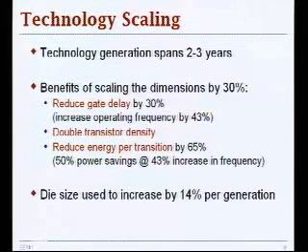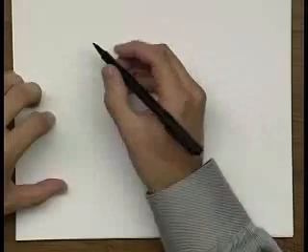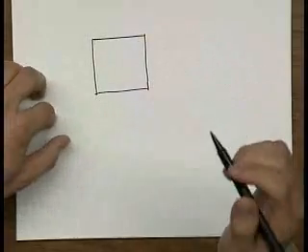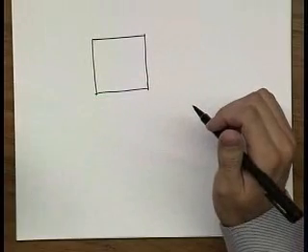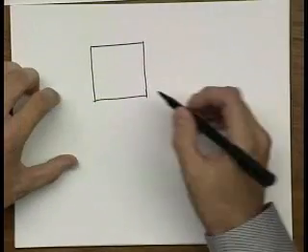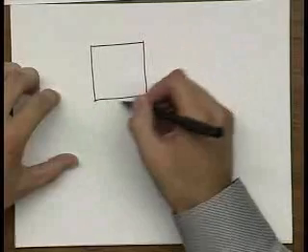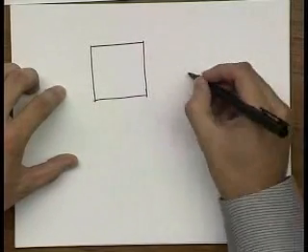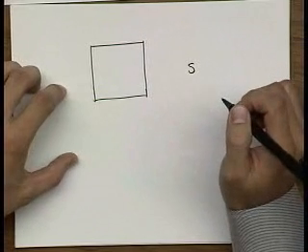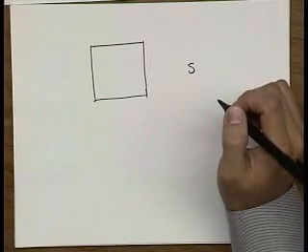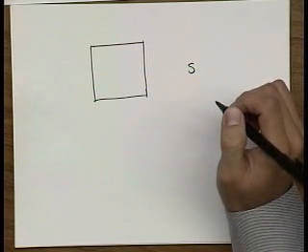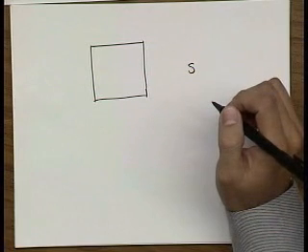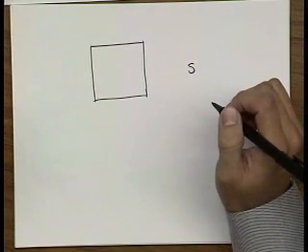Now let's assume, going to the overhead, that we have a technology that is available to us today. What we want to do in technology scaling is scale the dimensions of our device by a scaling factor S. There are a number of parameters: channel length, channel width, and then the third dimension, T-ox, the oxide thickness.